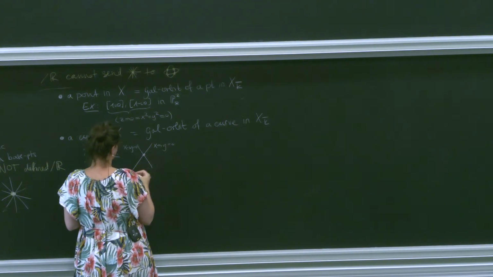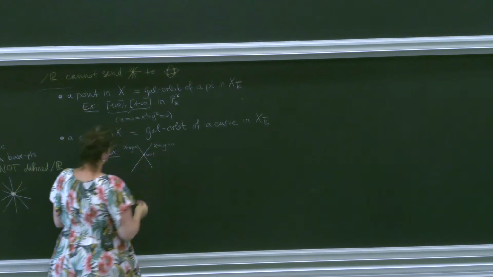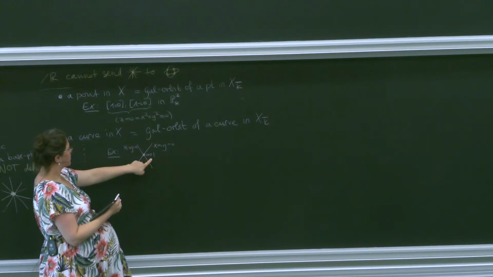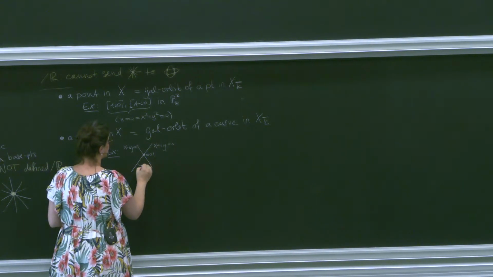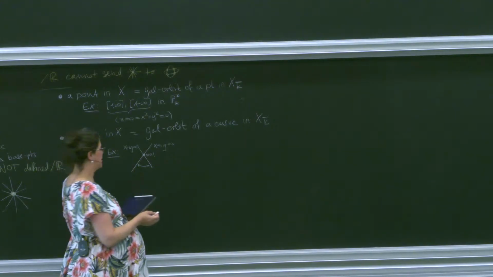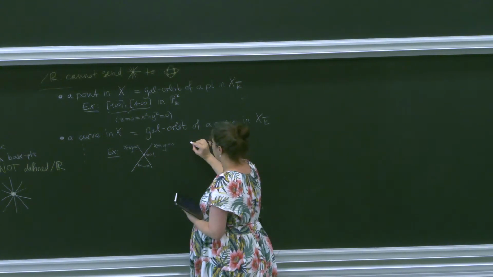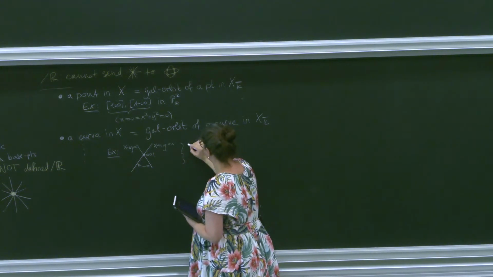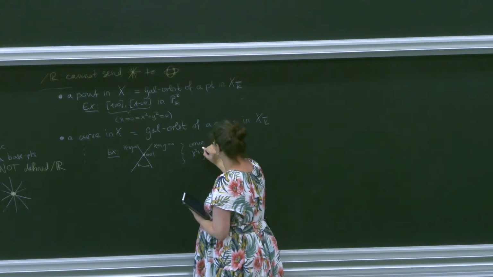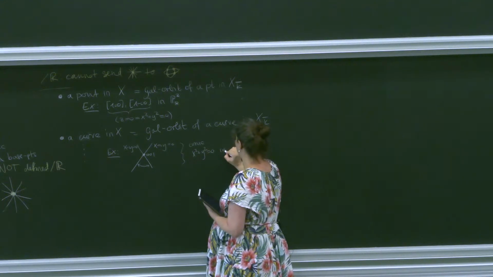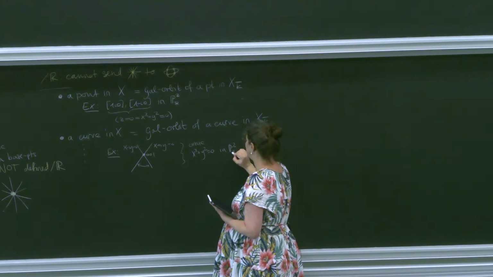They intersect at (0, 0, 1). This point is invariant under the Galois action, but the Galois action exchanges these two lines. And this is the conic x² + y² = 0 in P²_R.